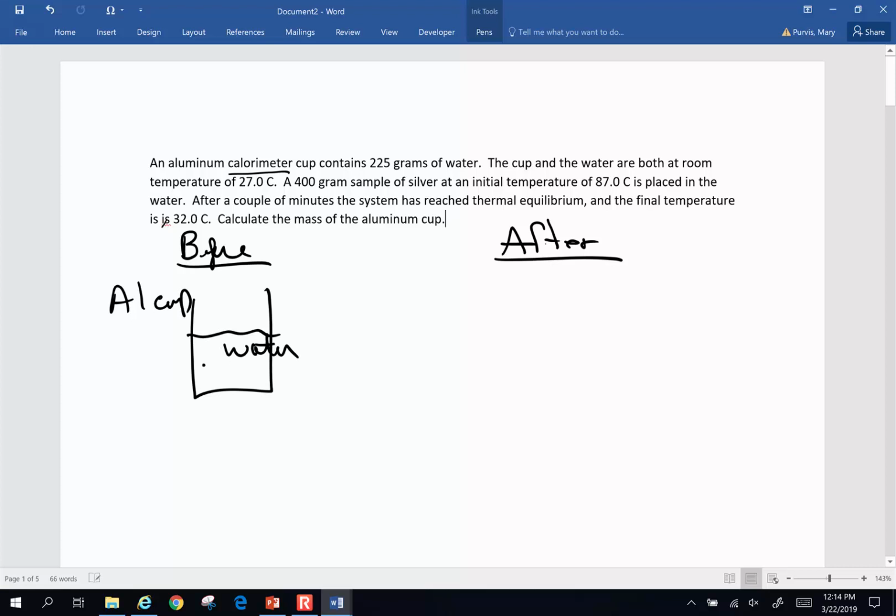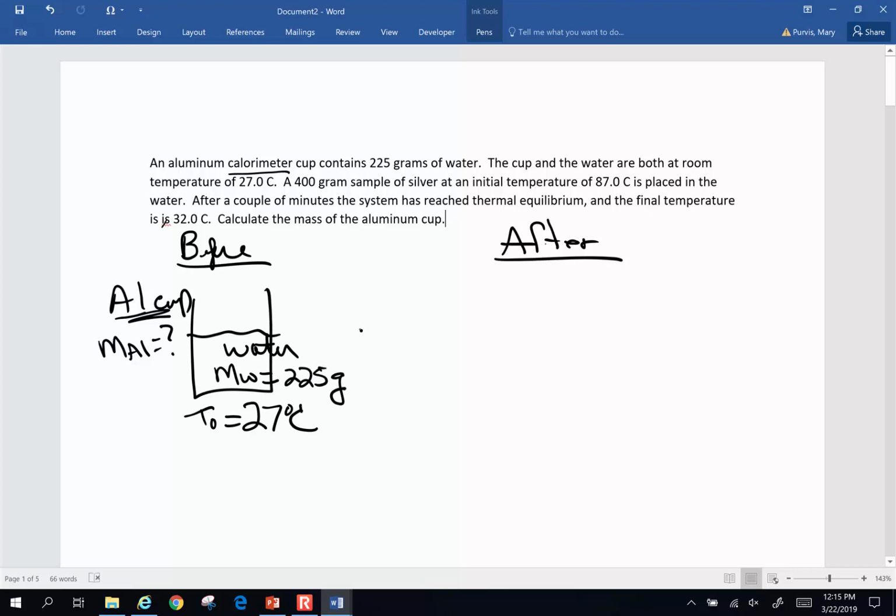The two of them have been in contact long enough to reach an equilibrium temperature, and the original temperature of the aluminum and the water is 27 degrees Celsius. We do not know the mass of the cup, so the mass of the aluminum cup, that's our big question mark. The mass of the water we know is 225 grams.